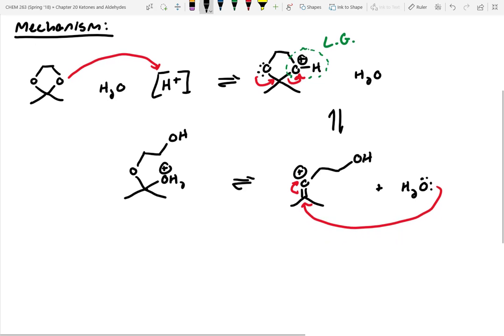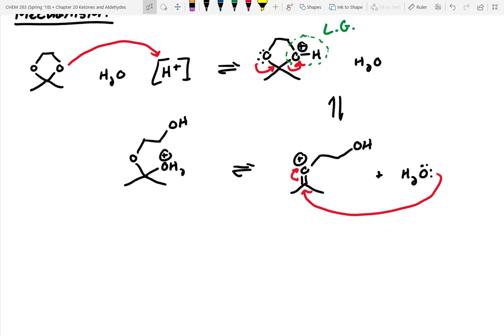Next step, we need to get rid of that proton on our water. So I'm going to quickly show a proton transfer. So I'll just say minus H plus.